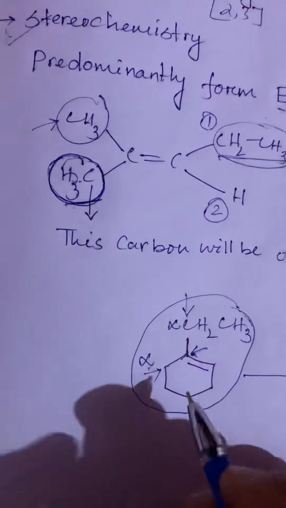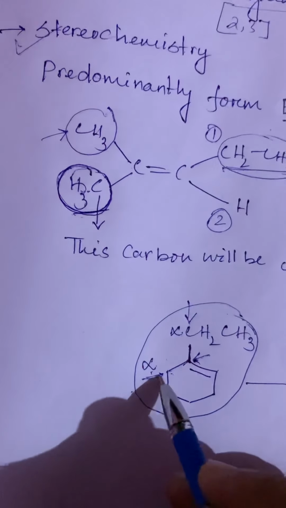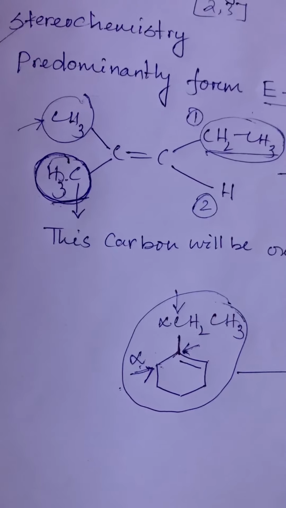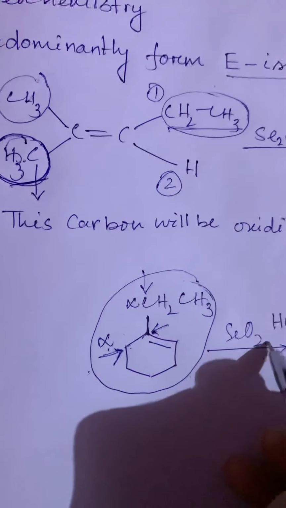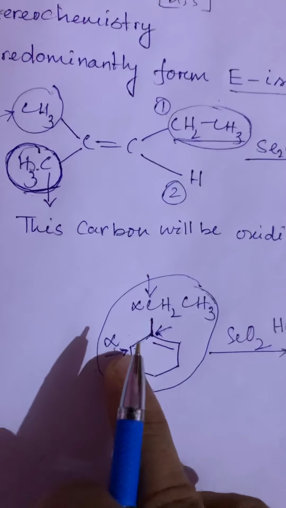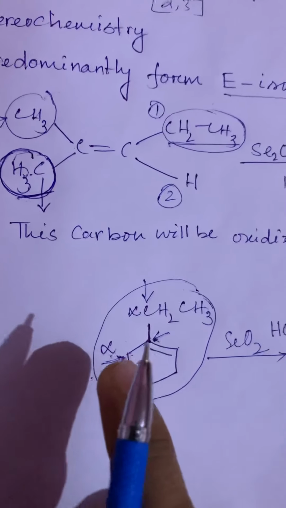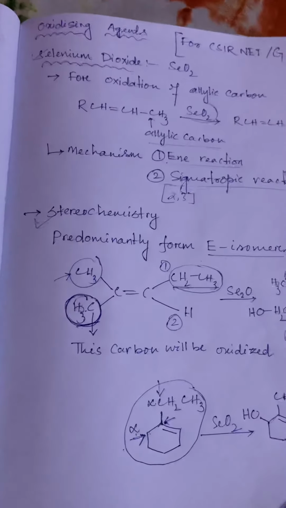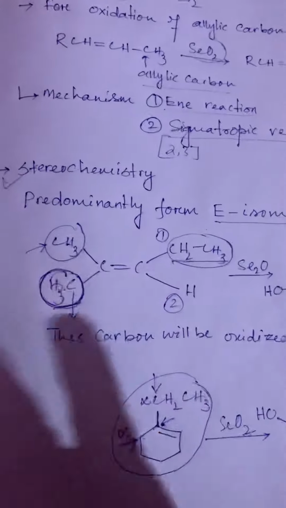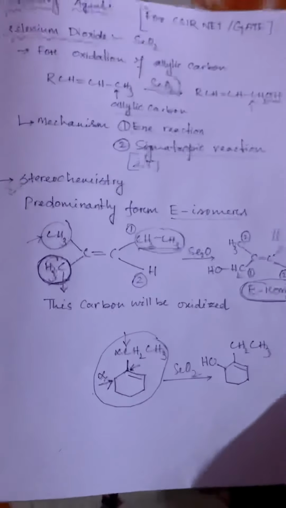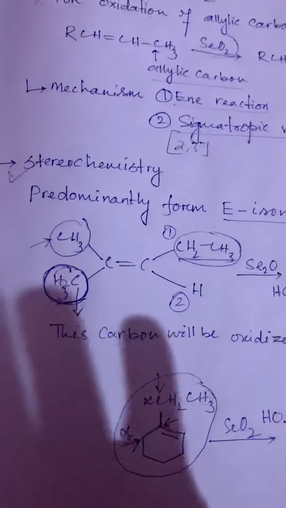But this allylic carbon is going to be oxidized in the presence of SeO2 because it is inside the ring. This is all about SeO2, and I have not drawn the mechanism because it's a short video.